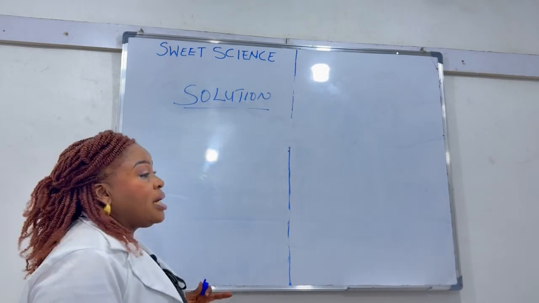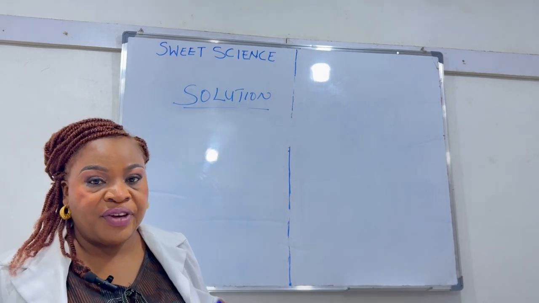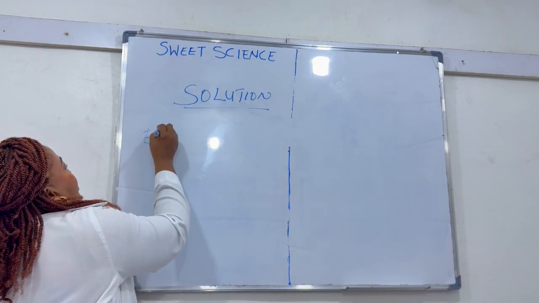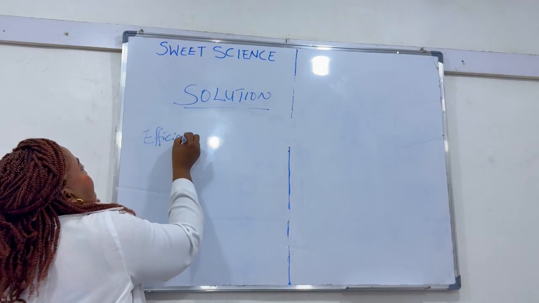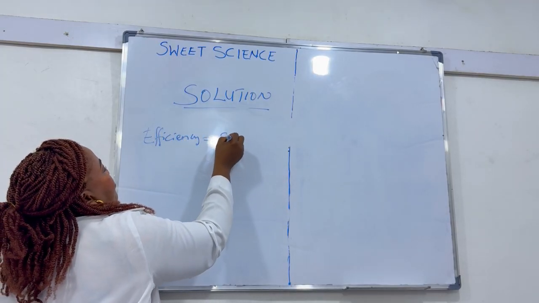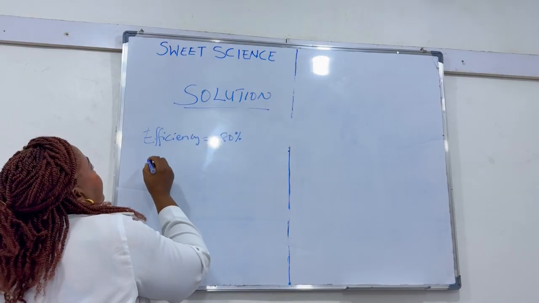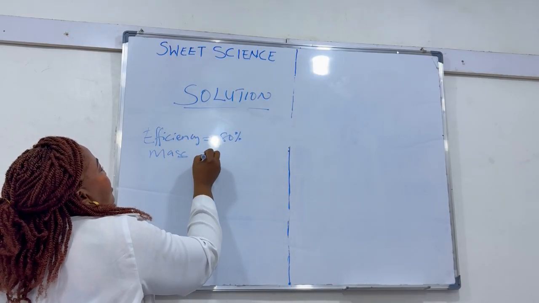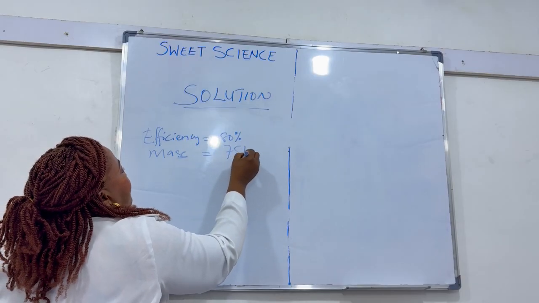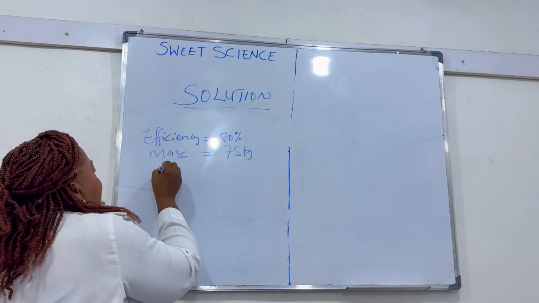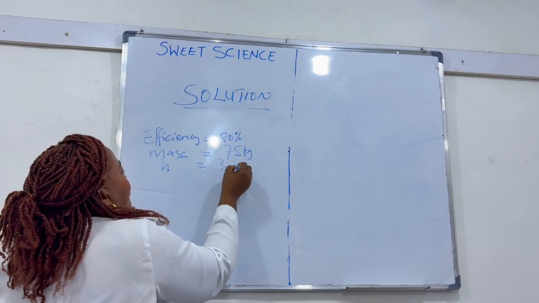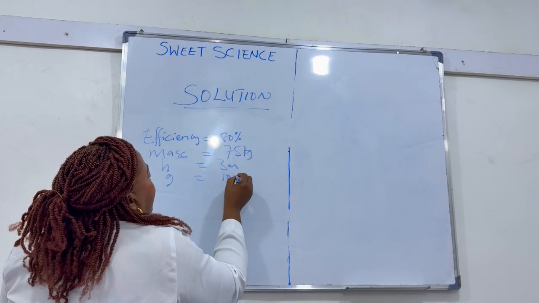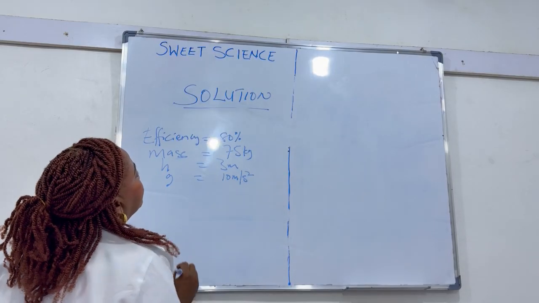Now, we bring out the parameters. That is the first thing you do. Efficiency is 80%, and then the mass is 75 kilogram, height 3 meters, G is 10 meter per second squared.